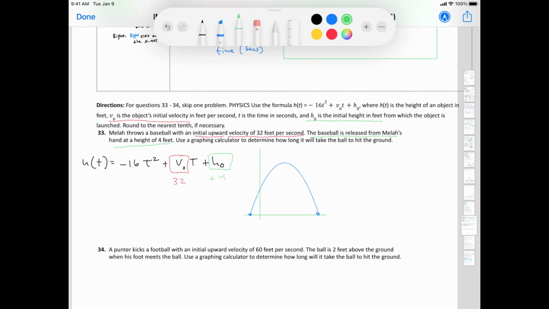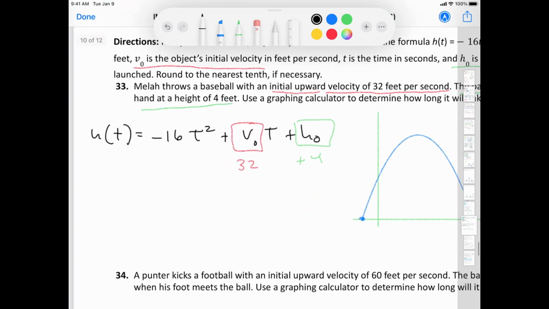Use a graphing calculator to figure out how long it will take before it hits the ground. So let's make a calculator-ready equation. I'm going to change h to y because that's what the calculator has. Same thing with t, I'm going to put x.